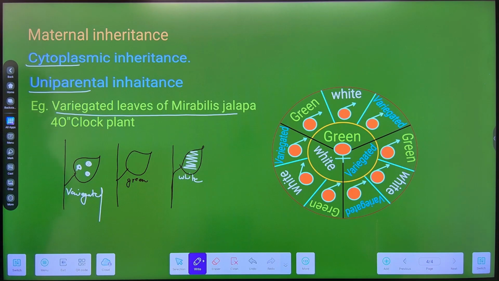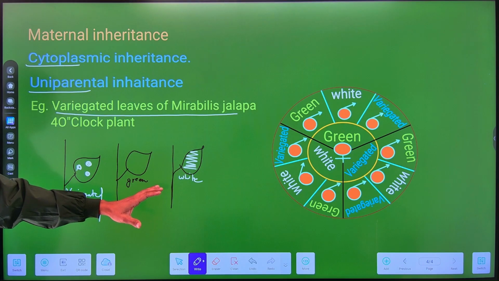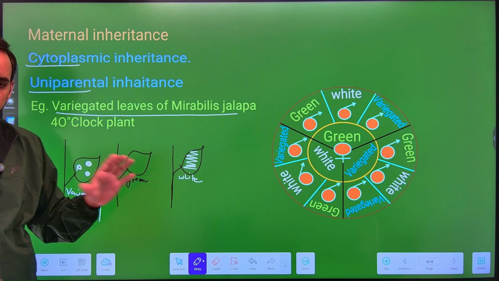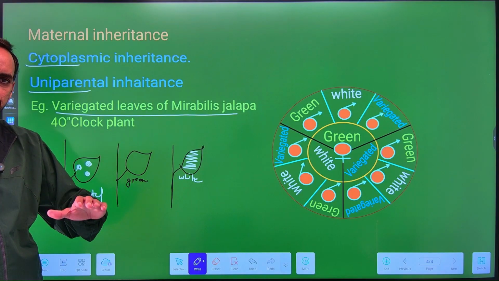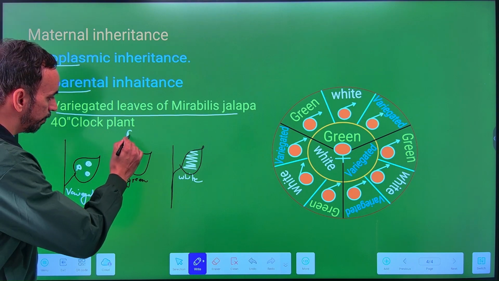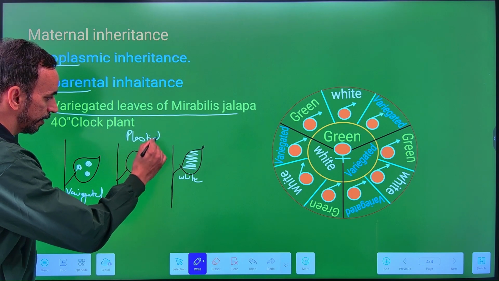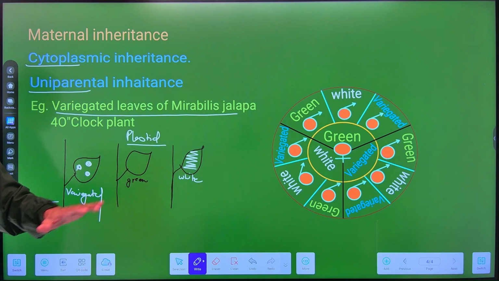This variegation, or these leaf patterns, are due to the plastids, because pigments generally remain present within the plastid. So the plastids are responsible for these different colors of leaves in Mirabilis jalapa.